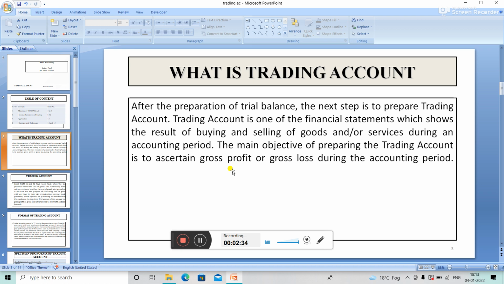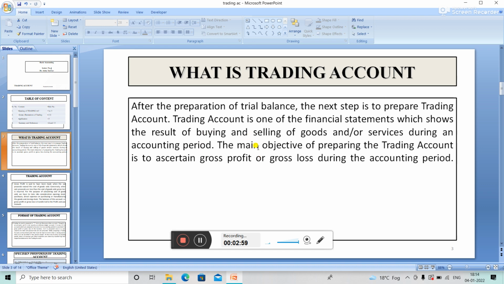So the manufacturing account provides information related to the expenses of manufacturing, and this expense information is required when we prepare the trading account.